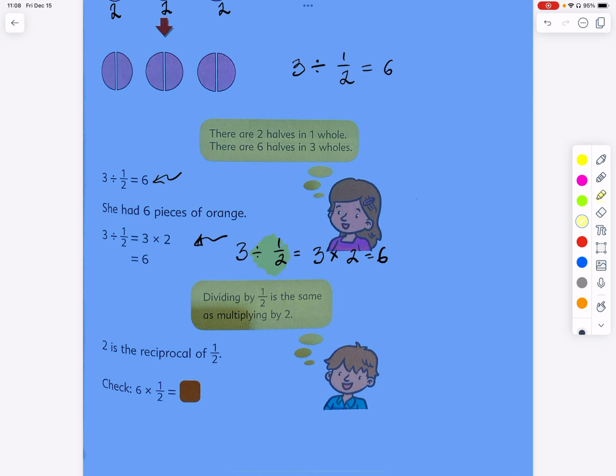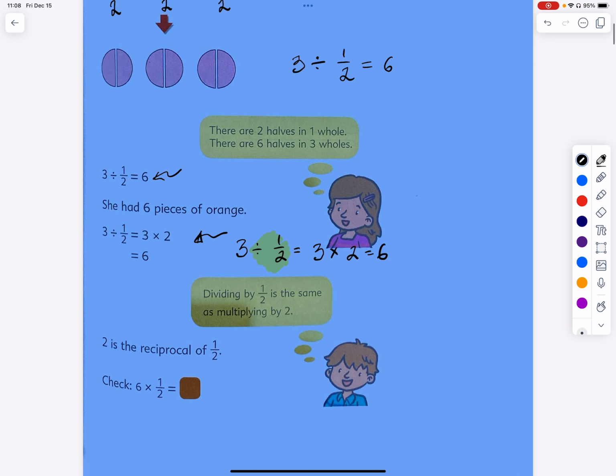To divide by a number means to multiply by its reciprocal. We discussed this last week. So 2 is a reciprocal of 1/2. 10 is a reciprocal of 1/10. 3/4 has a reciprocal of 4/3.